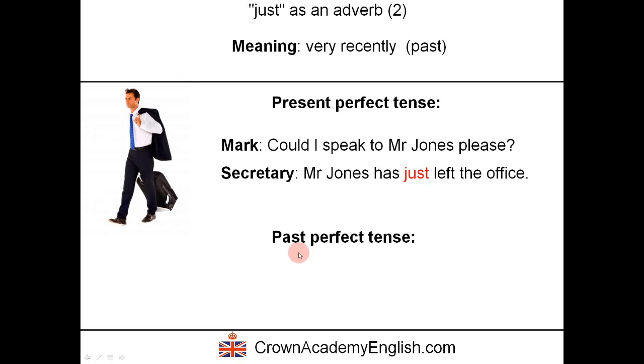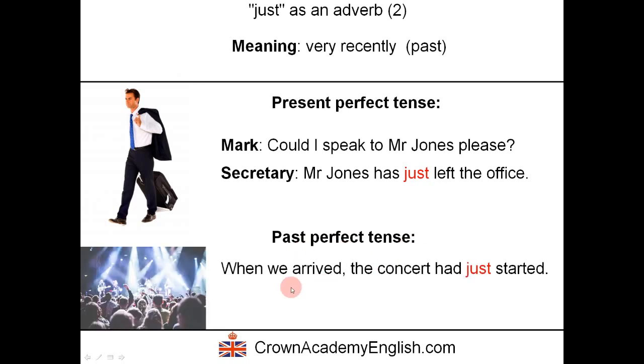And we can also use this in the past perfect tense. When we arrived, the concert had just started. So the past perfect is the concert had started. So this and this, they form the past perfect.